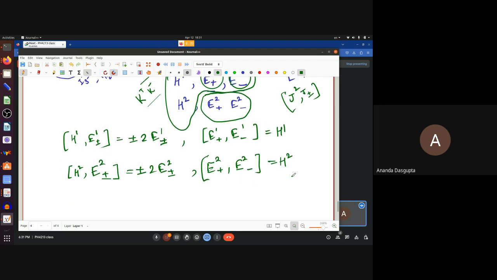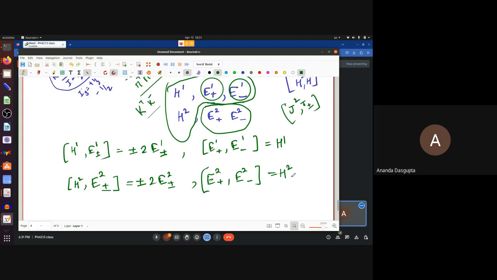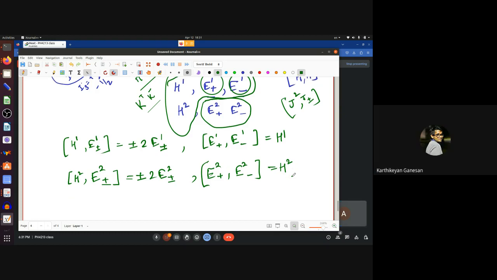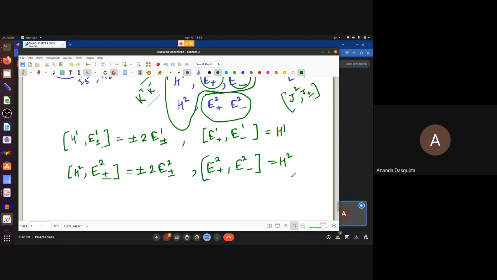Now that you have 6 operators in your picture, have I written down all possible commutators? What about the H1 with E plus or minus 2 and vice versa? So we have not done that yet.